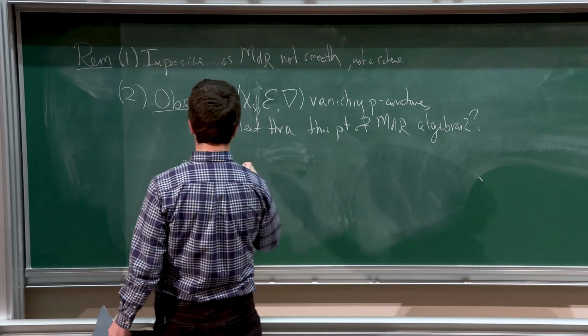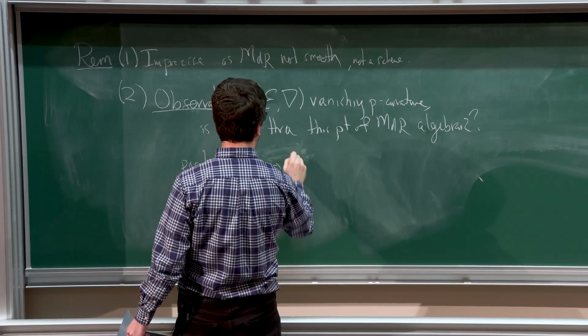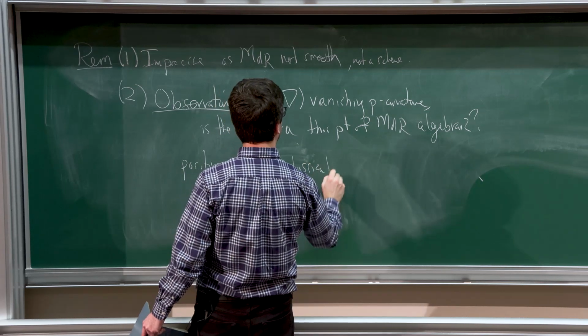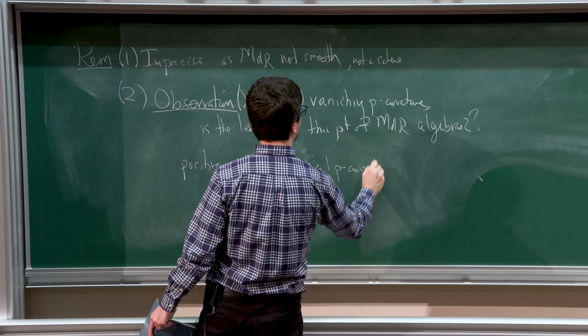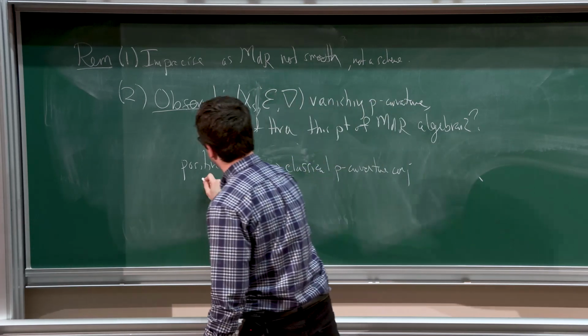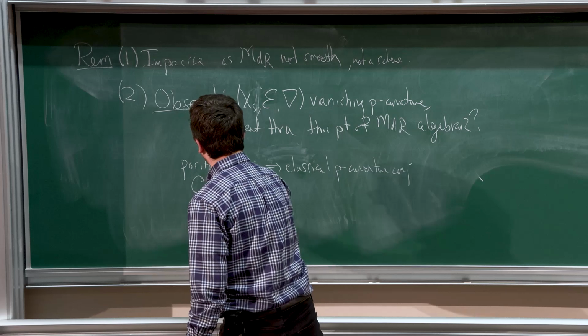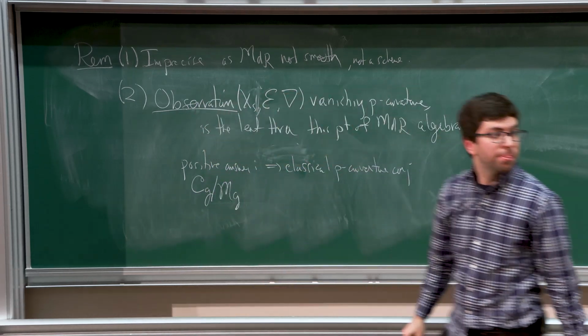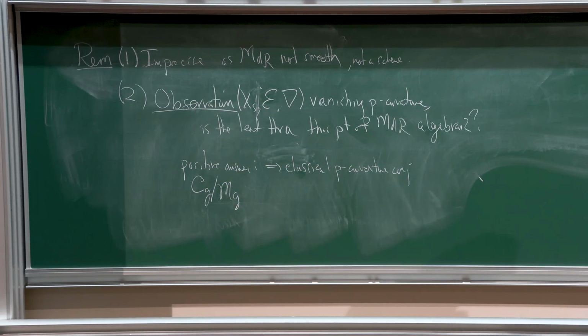A positive answer would imply the classical p-curvature conjecture. In fact, a positive answer even just for x to s being the universal curve over M_g would suffice. I don't know if that answers your question.